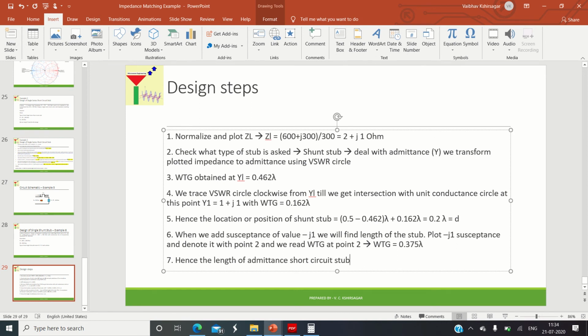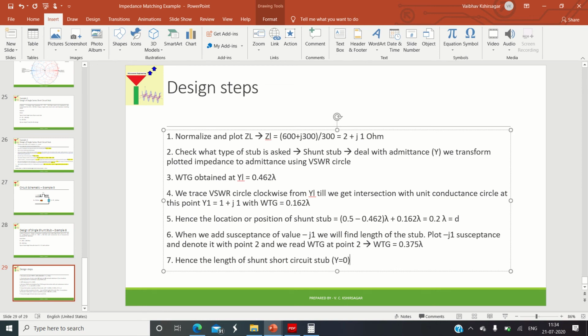Because it is a parallel stub, okay? And it is given us design two solutions, short circuit and open circuit. Let us first say open circuit stub length, okay? So here, rather than admittance, what I will write is length of shunt short circuit stub. So for shunt, we need to deal with admittance, right? That is Y. And short circuit means Y is equal to 0 point.